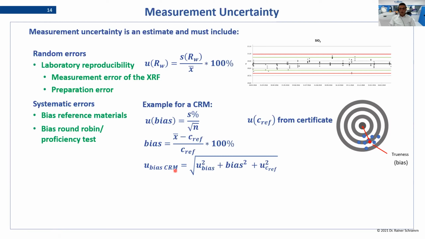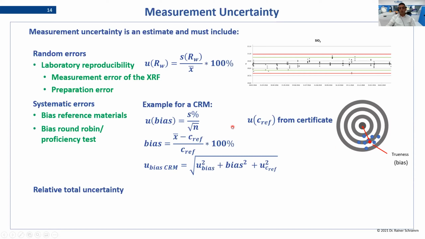Of course, what you have to consider is that this is only valid for this special concentration, which was measured here, and for this theorem. So that means if you have more than one theorem, you have to do this for every theorem.